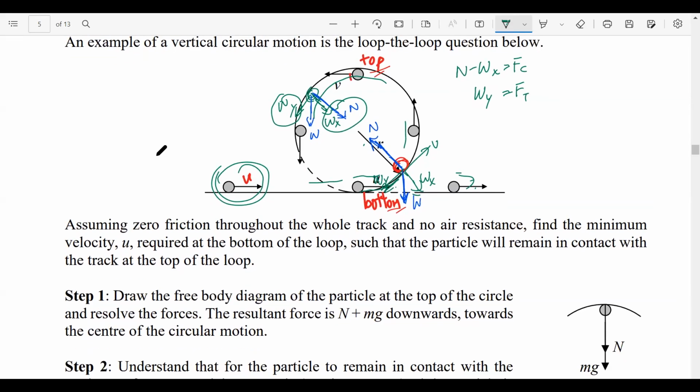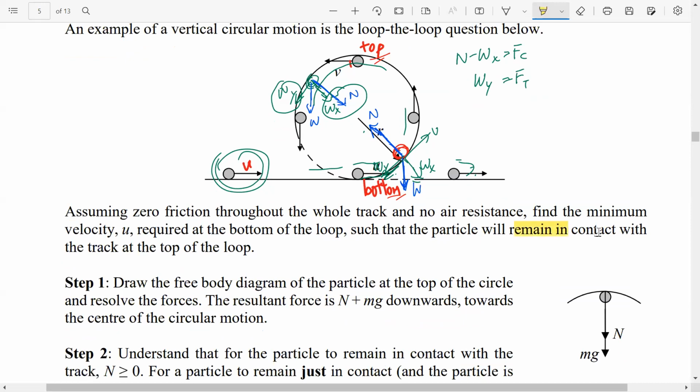Let's share back the screen. The thing about whether it will come out or not is this thing called remaining in contact. What does it mean to remain in contact?